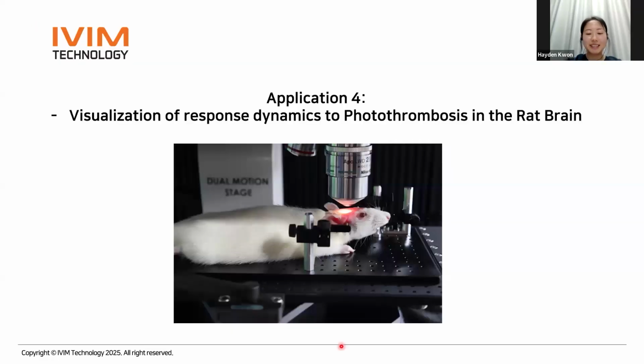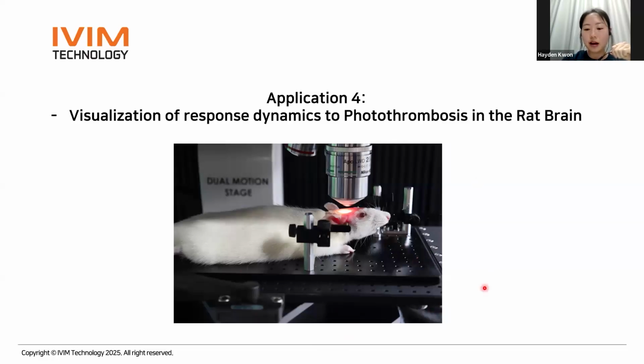Okay, so here is the last application session. The stroke or the microinfarction have recently emerged as important research topics in neuroscience, as they are closely linked to cognitive decline and the onset of neurodegenerative diseases. In particular, the activation of immune cells is increasingly recognized as a key factor influencing both the progression and recovery of these conditions.